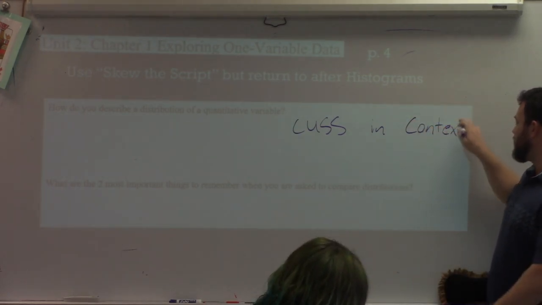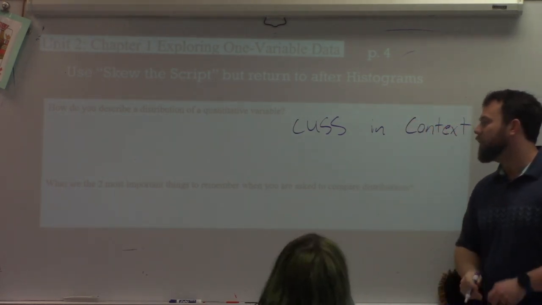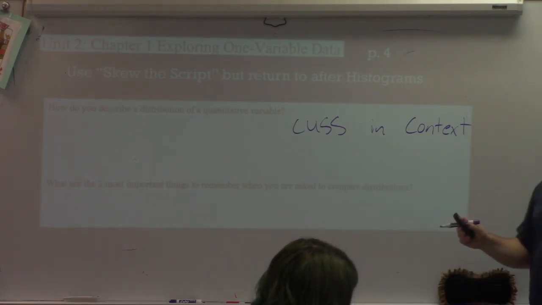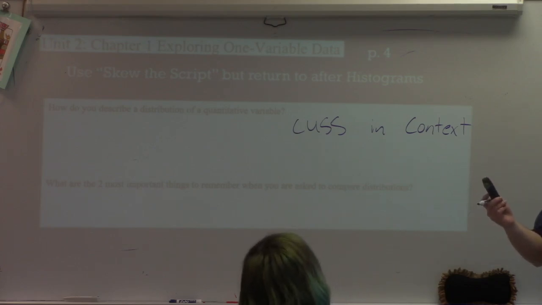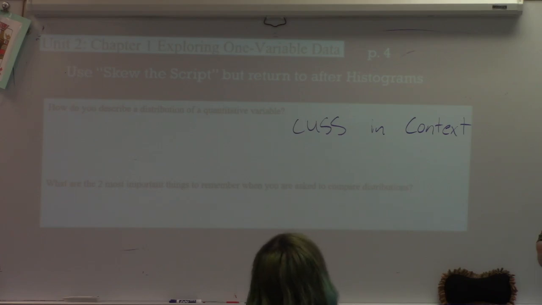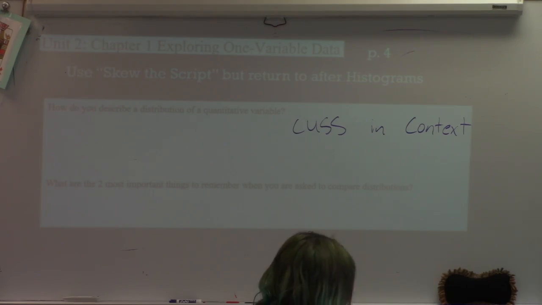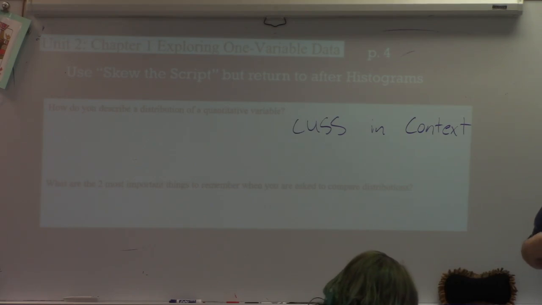Now I need you to pay attention to this part here though. What if you were asked to compare two distributions? You're still going to CUS in context, but you know what else you have to do? When we say compare, what are you going to have to use? Data points. Yes, but what kind of words do you have to use when you compare?